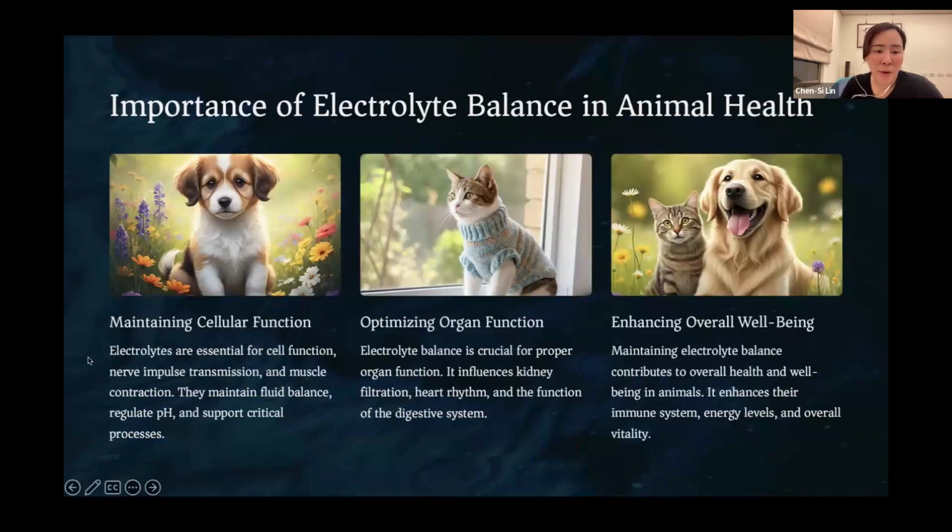We've already mentioned that electrolytes are essential for cellular functions, such as in the nervous system. They mediate and conduct nerve impulse transmission, and they maintain muscle contraction.